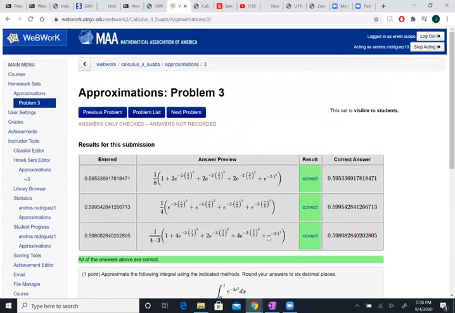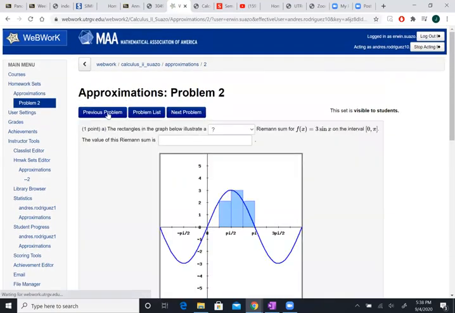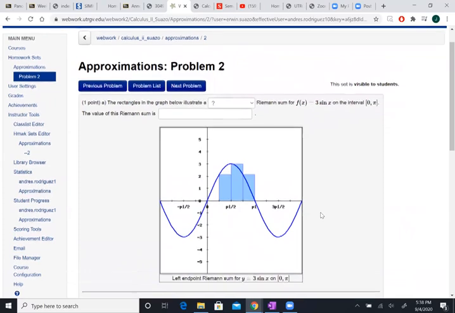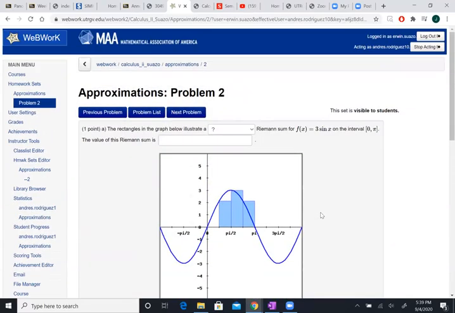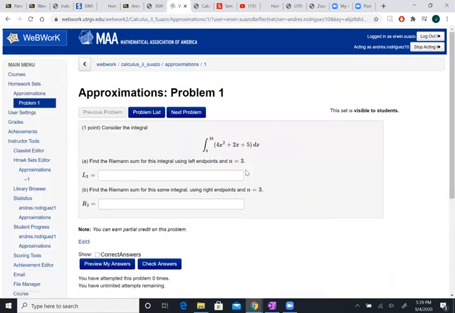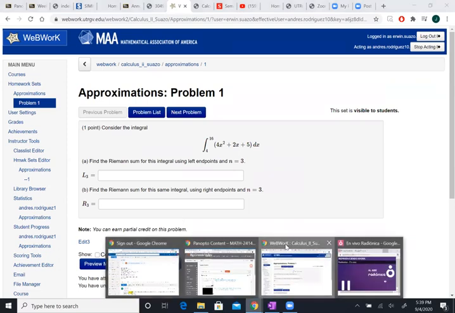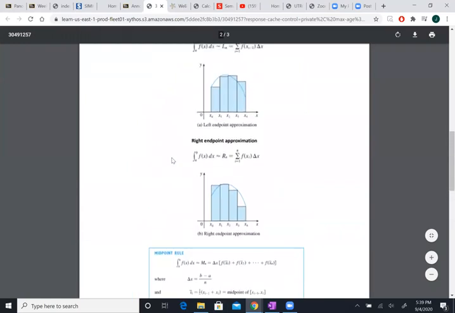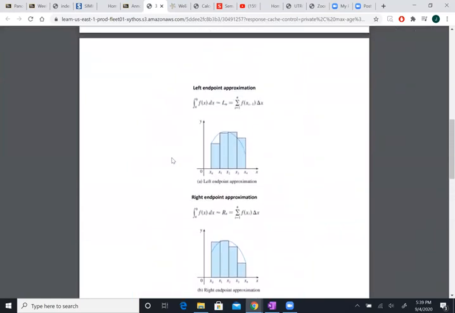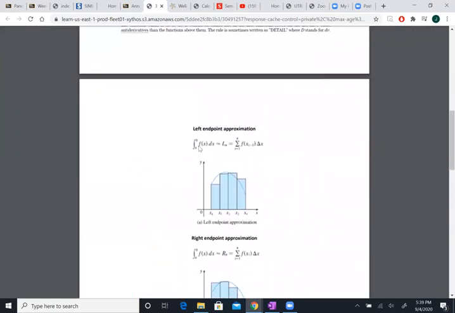The other problems now are similar. This problem is very similar. You just do this. This is left and right hand side, so for this one you need to use this formula, left and right hand side.